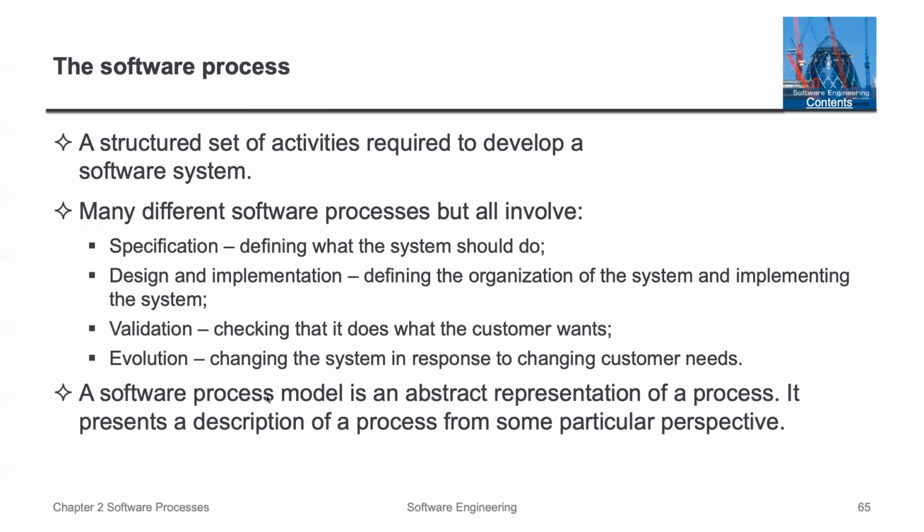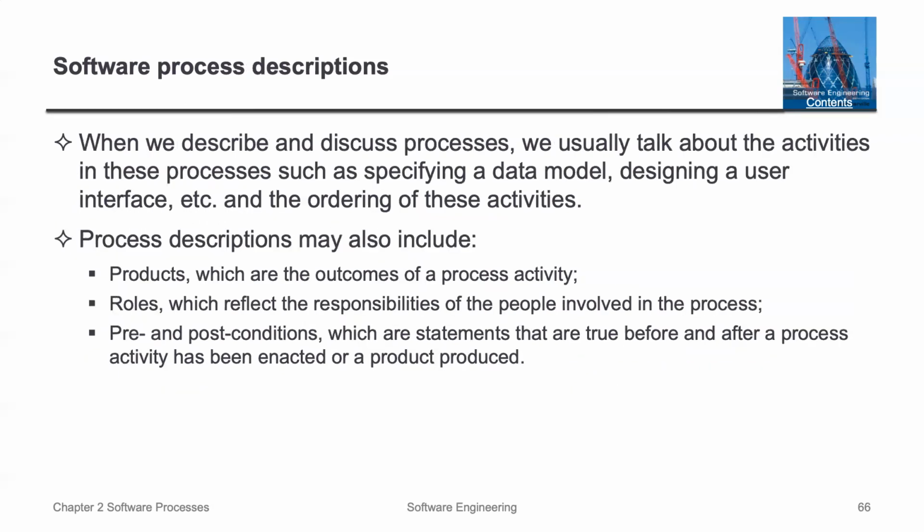A software process model is an abstract representation of a process. It represents a description of a process from some particular perspective. When we describe and discuss processes, we usually talk about the activities, such as specifying a data model or designing a user interface, and the ordering of these activities.